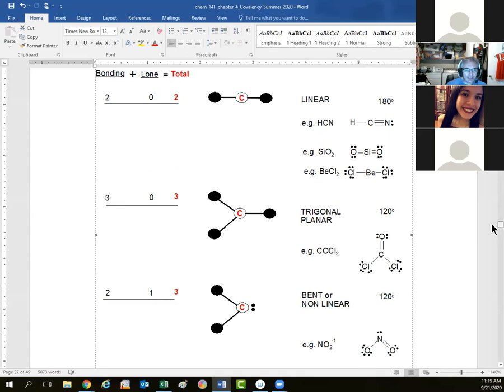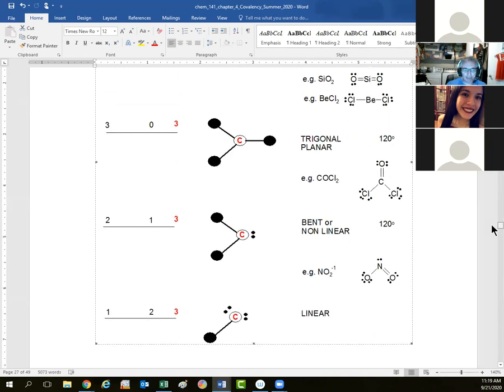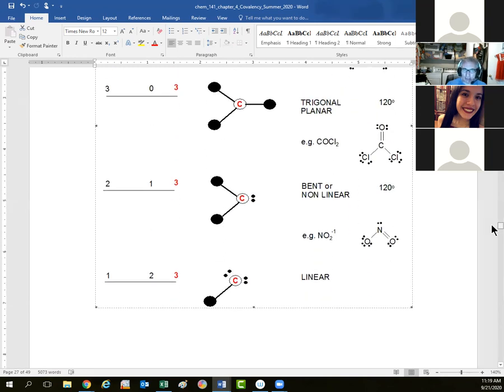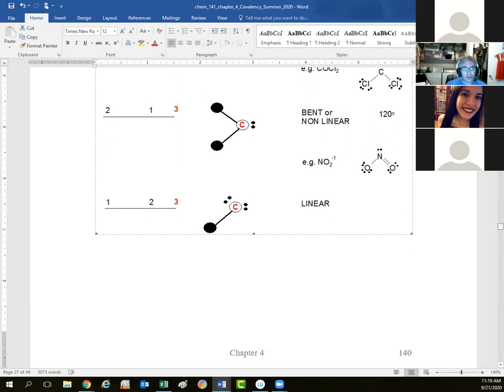So halfway there, two chemical bonds, they are separated by 180 degrees, and we say that it's linear. 3 chemical bonds, we now call it trigonal planar, and they are separated by 120 degrees. 2 bonding pairs, they're still separated from each other by 120 degrees, but because there's nothing on the right hand side, it's now non-linear or bent, and then linear for the last one.